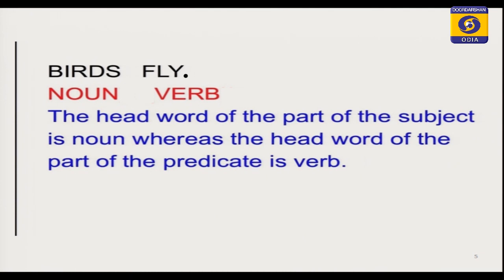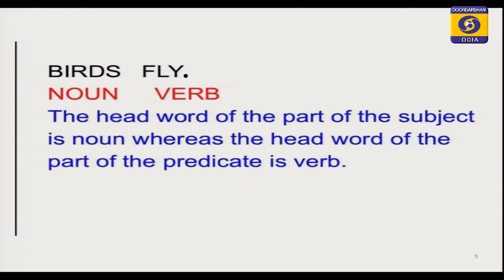In this example, the sentence has only two words. Birds fly. There is only a noun and a verb. So, what is the subject here? About whom is something told in this sentence? Obviously, about birds.